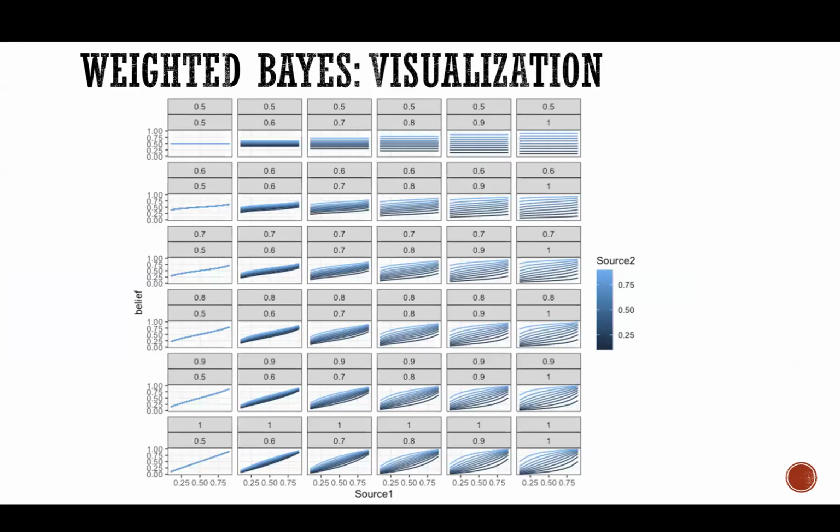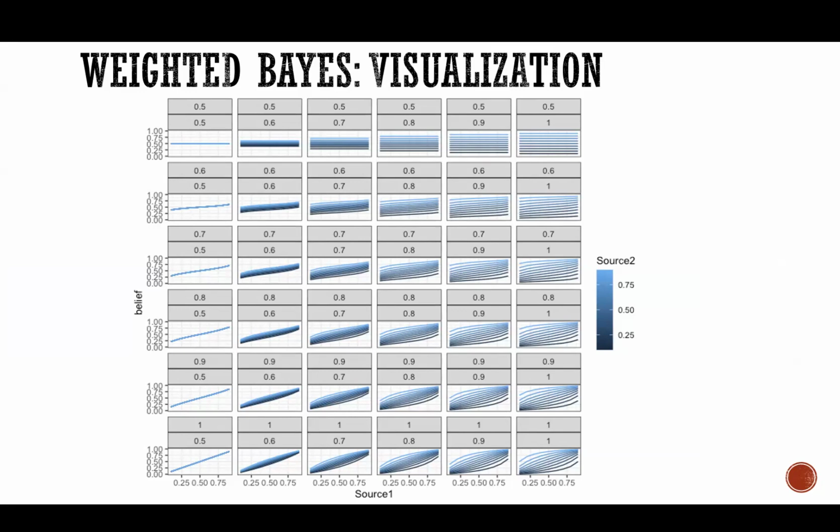And here is what we see. As we vary the weight of the different sources, we vary how much they impact not only the belief, but also the interpretation of the other. So here, where we value both of them at 0.5, belief doesn't change as the evidence changes.